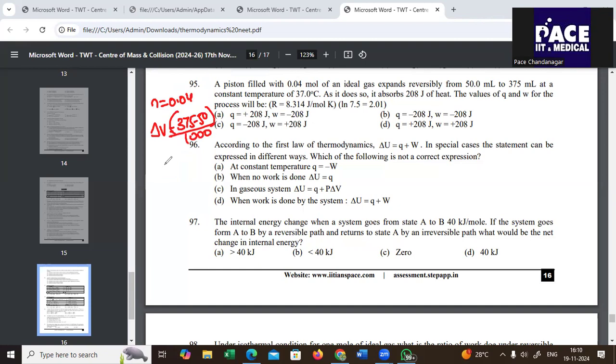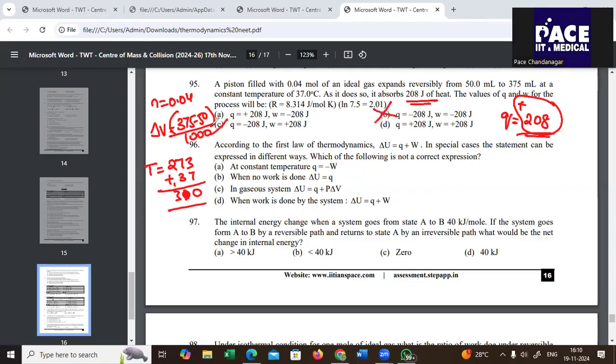At a constant temperature of 37 degrees, so temperature will be 273 plus 37, which will be 310. Then as it does so, it absorbs this much of heat. Q is equal to 208. Absorption is positive. The values of Q and W. Positive 208 is the answer there. Q is equal to positive 208.